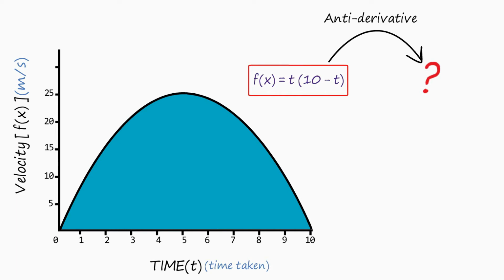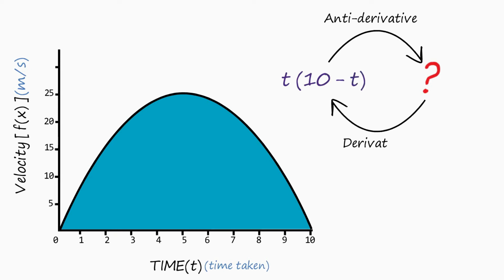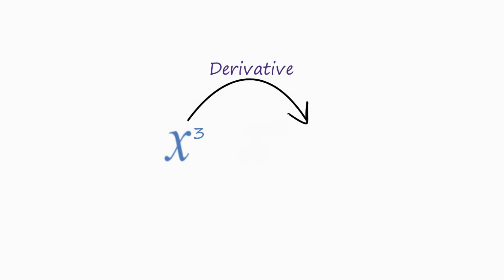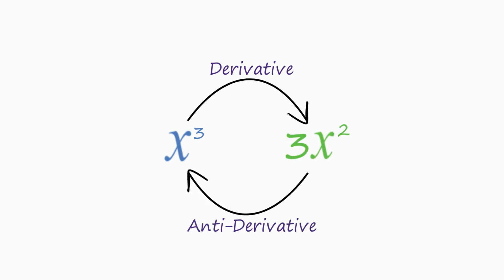Okay, you might feel a bit confused over here, so let's just find the area under this graph. So the antiderivative of this function can be found by assuming this function to be an already derived version of something. Just think of this as something which has already been derived from something else. For example, the derivation of x cubed is 3x squared, and the antiderivative of 3x squared is x cubed.